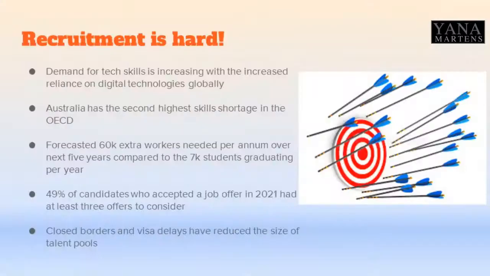It's a bit of a vice versa process. As you mentioned in these statistics, 49% of candidates who accepted a job offer in 2021 had at least 3 offers to consider. So the candidates now have 3 job offers, and it's not that you have 3 great candidates to choose from. So it's definitely a reverse statistic at the moment.